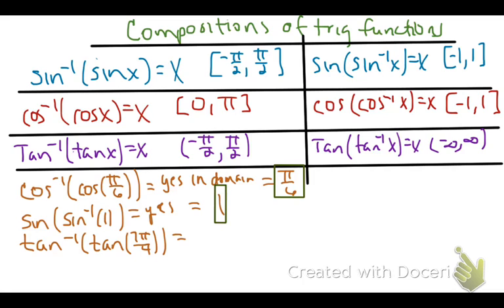Does 7 pi over 4 work for this one? No, 7 pi over 4 is over here in the 4th quadrant. That's not going to work, so we have to approach it from the other direction. If we come this direction, that gives us negative pi over 4.